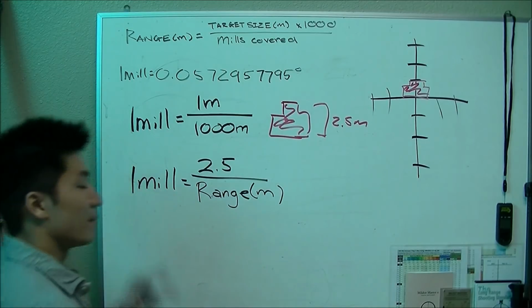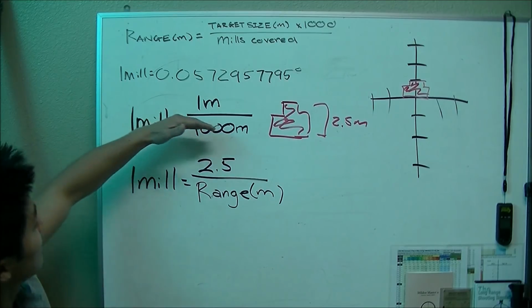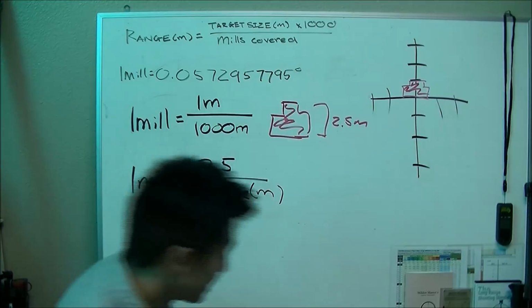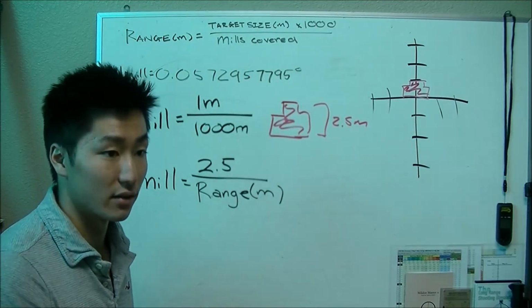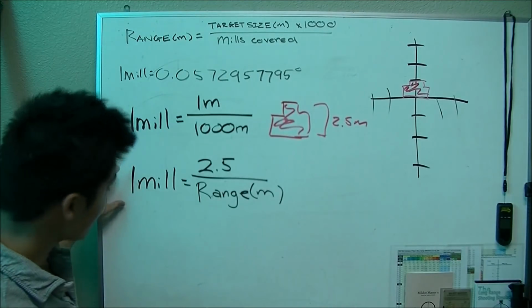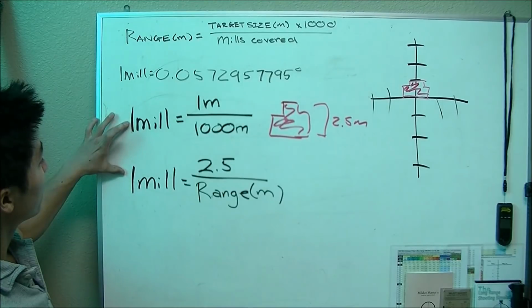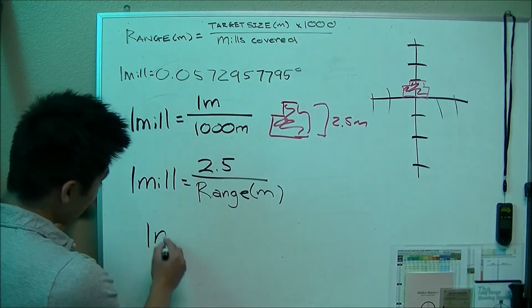Now notice that we can make this a linear relationship because 1 mil is this, 1 mil is that, and it's a linear relationship yet again because a mil is a unit of angular measurement. So an angular measurement is a unit of angle. So this way we have 1 mil is that, 1 mil is that, which means we could put this together.